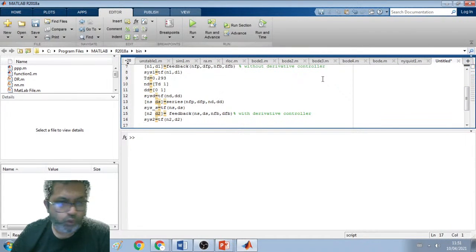Okay, so what I will write down, we have to compare the step response.